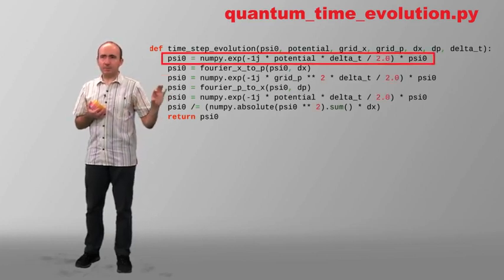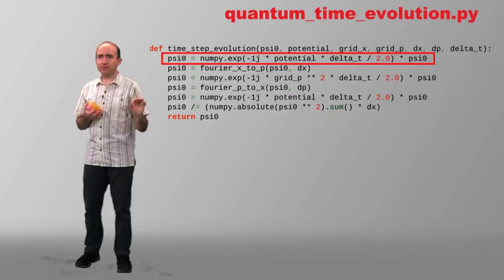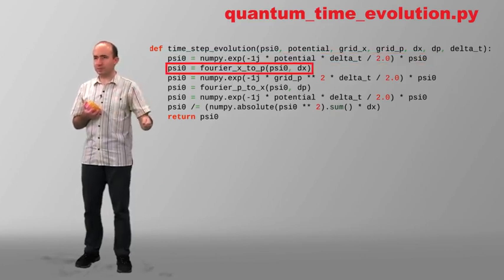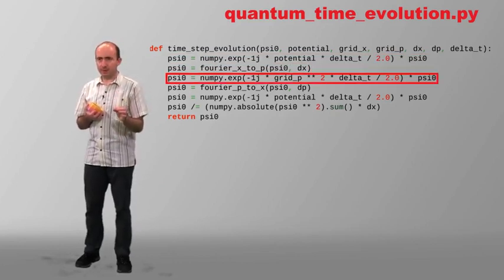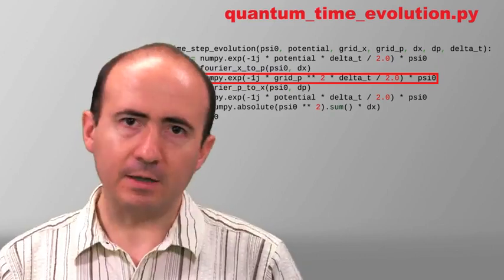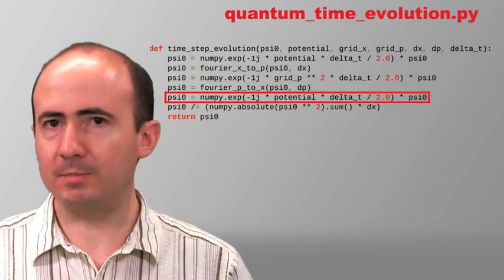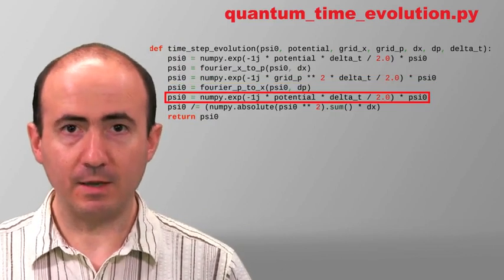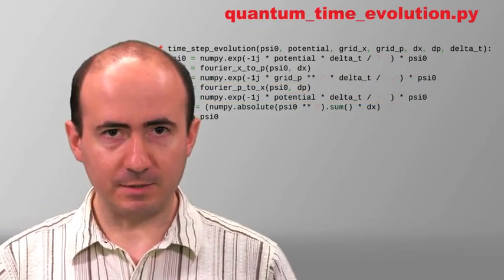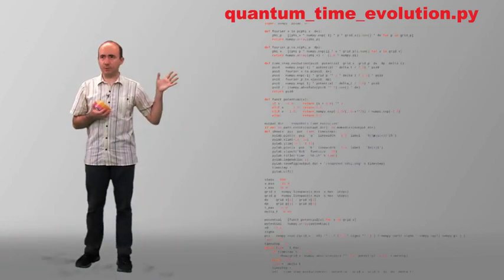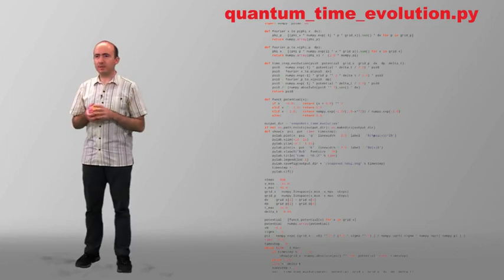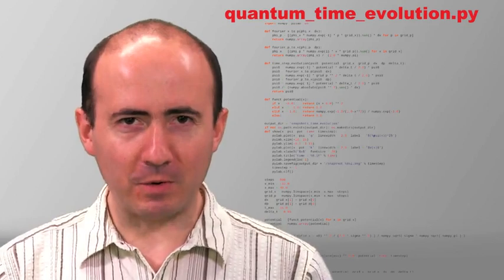First, in real space, multiply by a factor e to the power minus i over 2 times delta t times V of x, make a Fourier transformation, multiply by e to the power minus i over 2 times p squared times delta t, and go back to the real space, multiply by the same factor as previously. These are the only steps. You just have to iterate, and this gives the following beautiful algorithm, quantum_time_evolution.py.